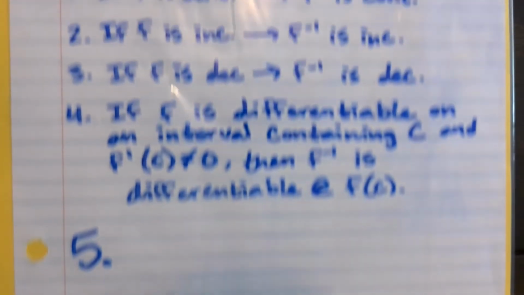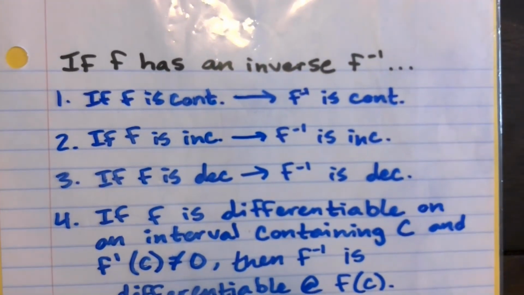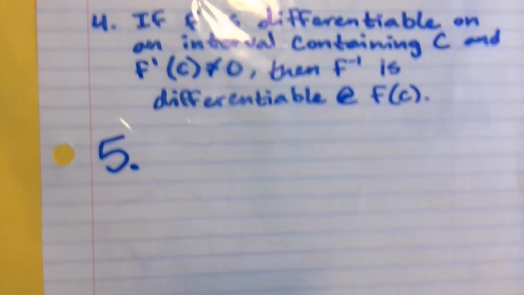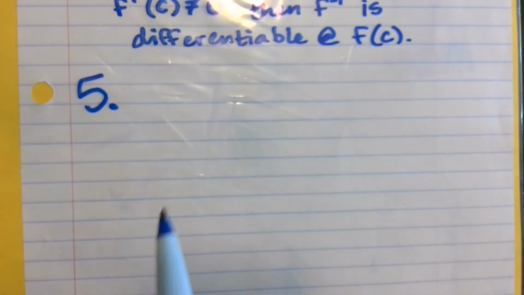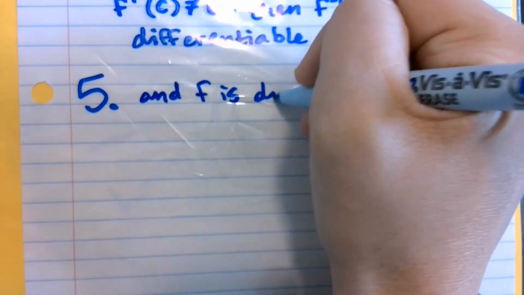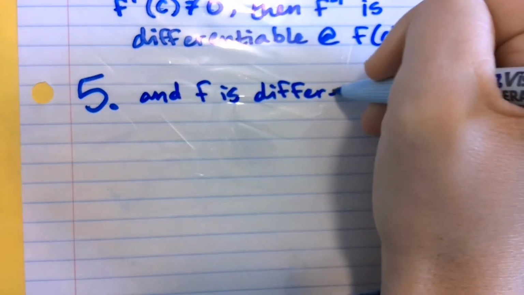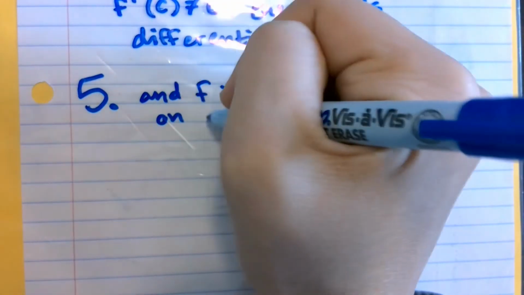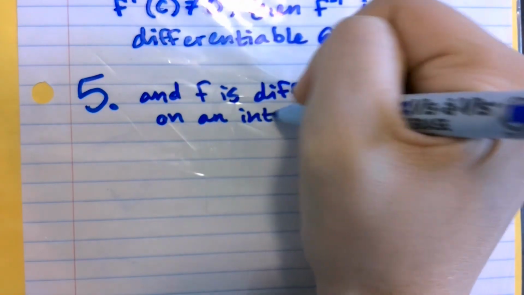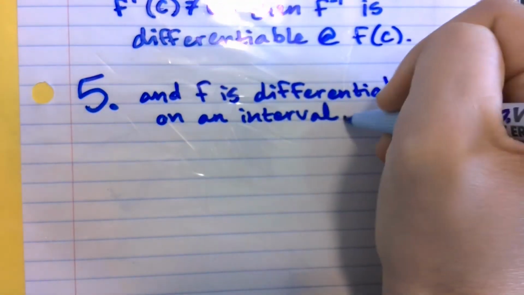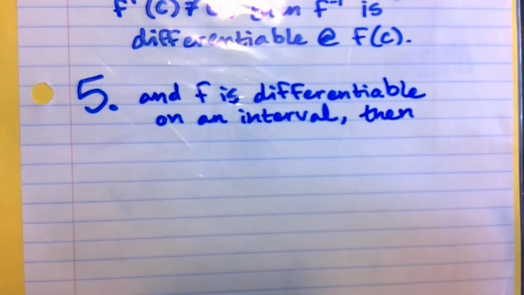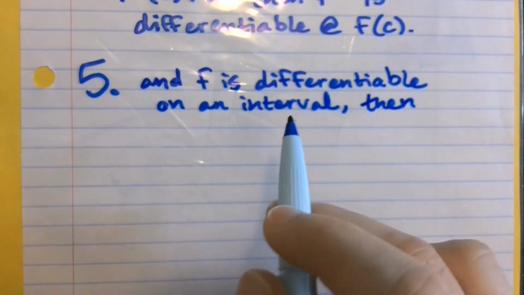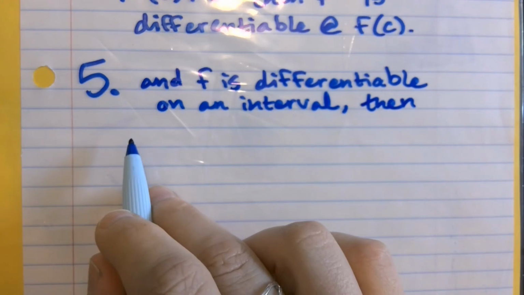So we're going to add in a big last number 5, and remember we still have the condition that f has the inverse f inverse. On 5, we're also going to add in that f is differentiable on an interval, whatever interval we're trying to use. Then, and this is a little bit strange, but you'll see with the examples, you can get used to it.